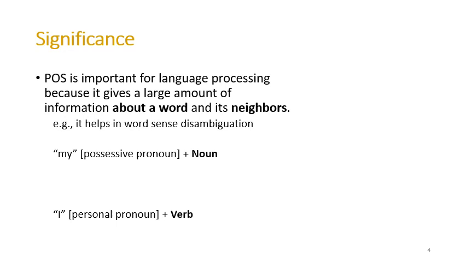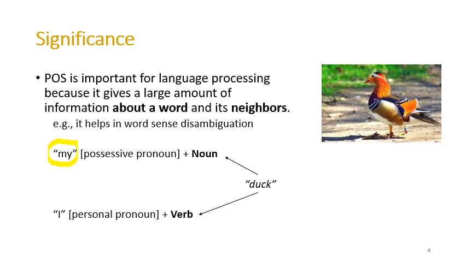If we have the word my, which is a possessive pronoun, most likely it will be followed by a noun. However, if you have the word I, which is a personal pronoun, most likely it will be followed by a verb. Then let's say you see the word duck. If it follows the word my, then you might infer that this word duck must be a noun, so it is the animal duck.